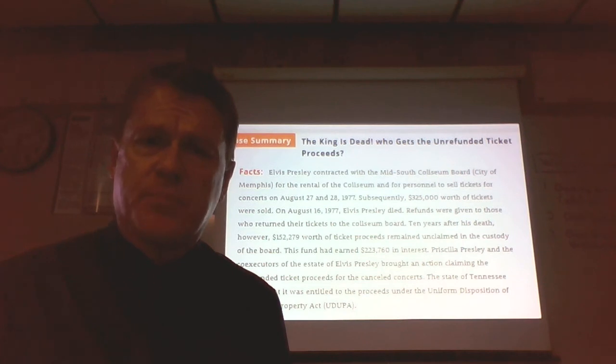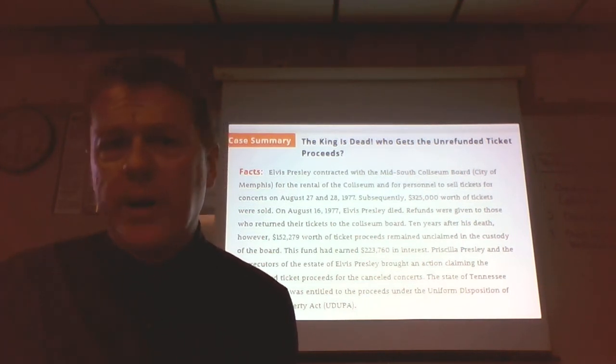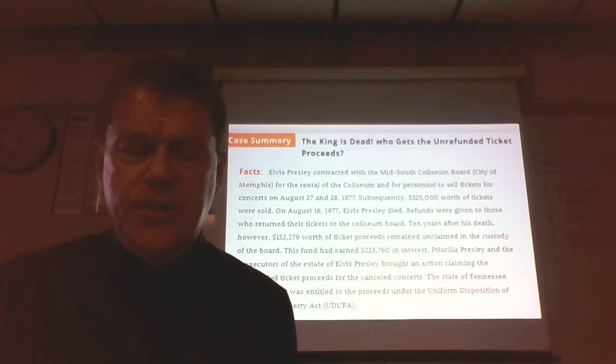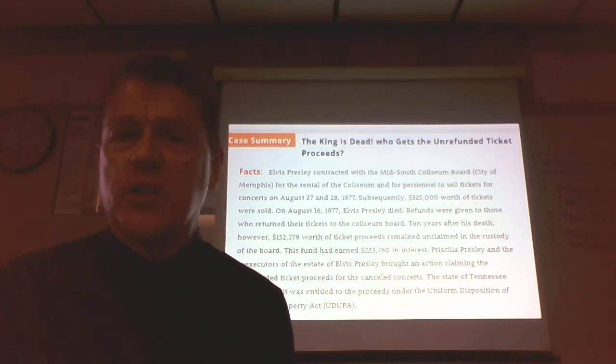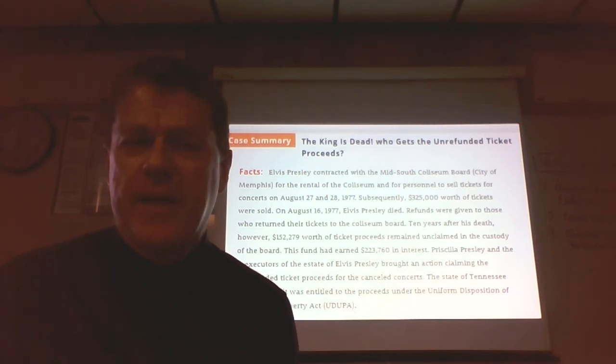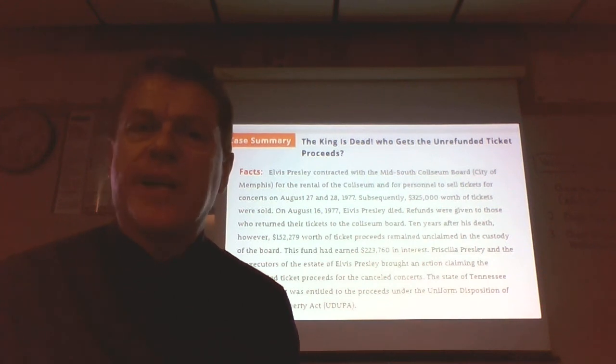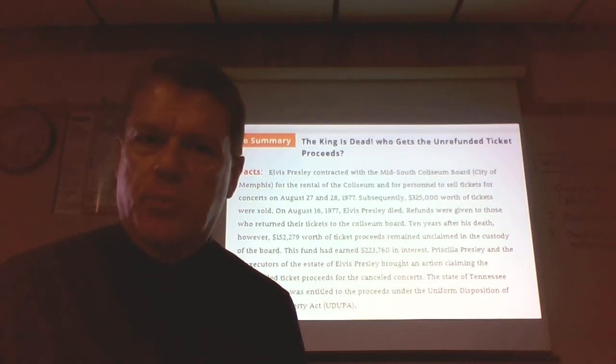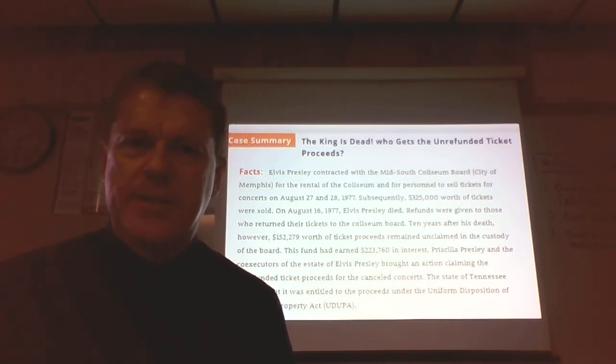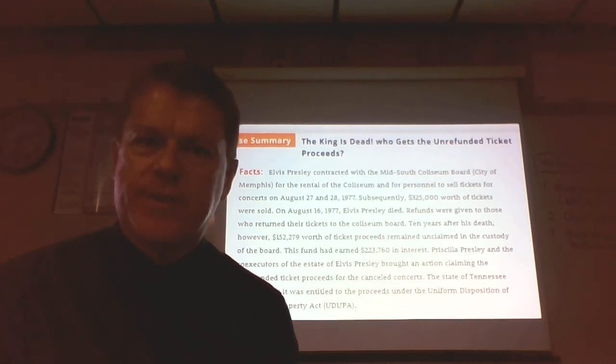The estate of Elvis Presley years later tried to claim it, saying that if no one else is going to claim this property, and if the ticket holders are not going to seek a refund, then it should belong to us. I think the theory they were thinking is that even though those ticket holders didn't see the concert, they're still getting something of an intangible value, because it's a connection to Elvis, the performer.